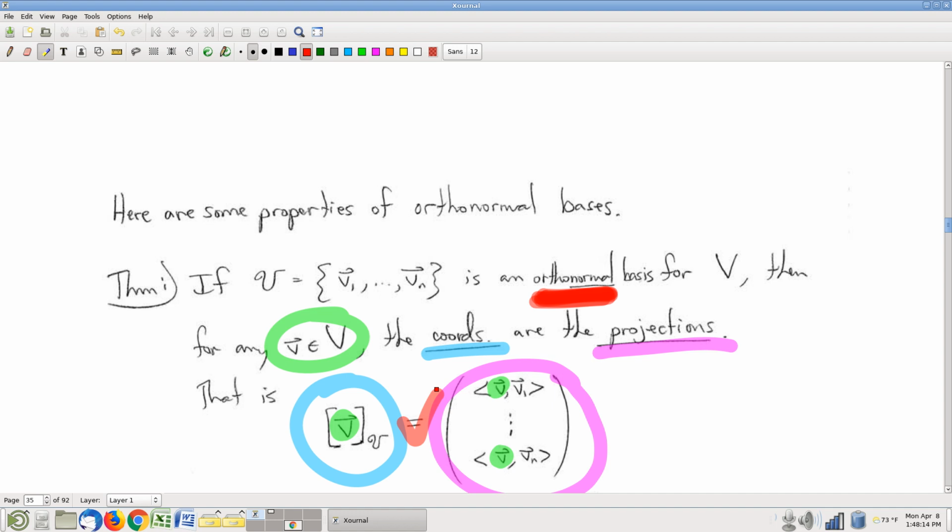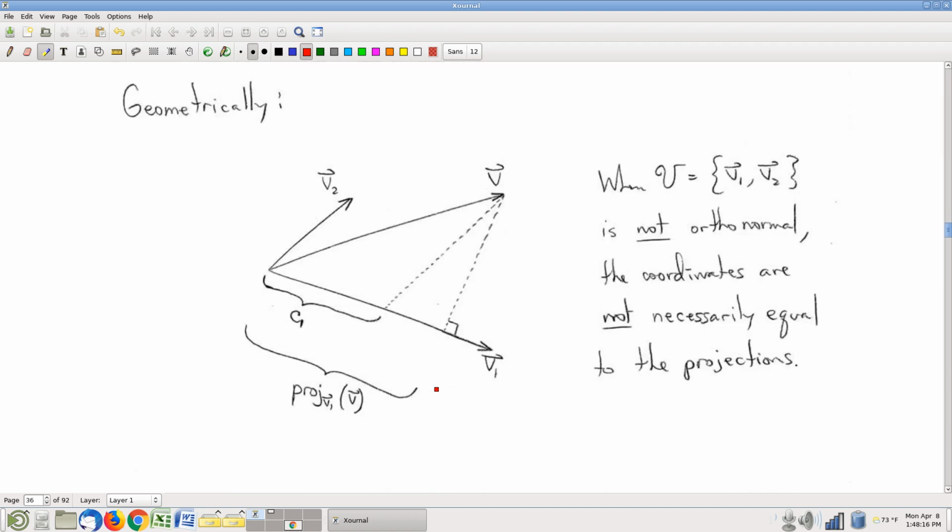Okay. Let me draw a picture of that for you. So given a vector, here's a vector that we were considering. For example, we have the basis given here. V1 and V2 is our basis. If I want to view V as coordinates, I want to view it as a linear combination of these vectors V1 and V2.